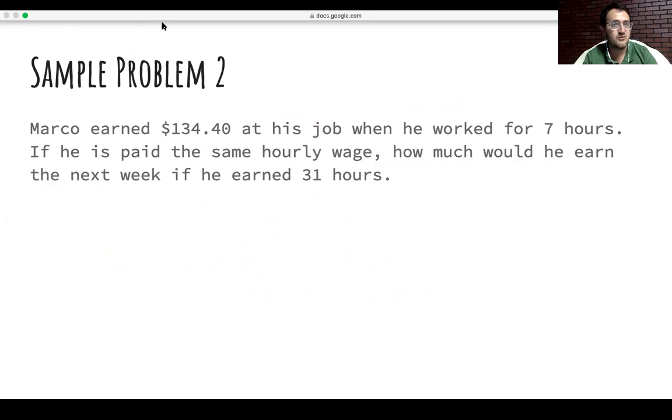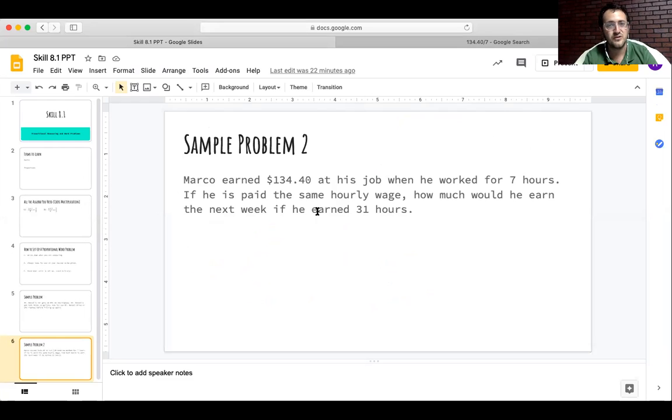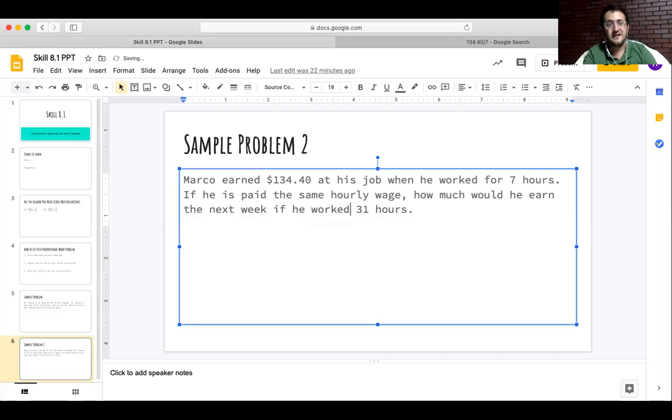So I will fix that up right now for wording. He didn't earn 31 hours, he worked 31 hours. Just like we don't give you a grade, you earn a grade. So I'm just going to set this up right now and consult our calculator as needed.